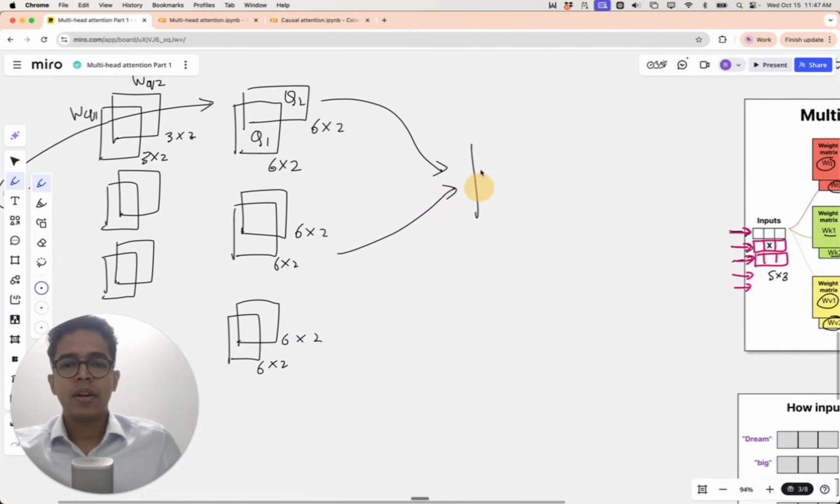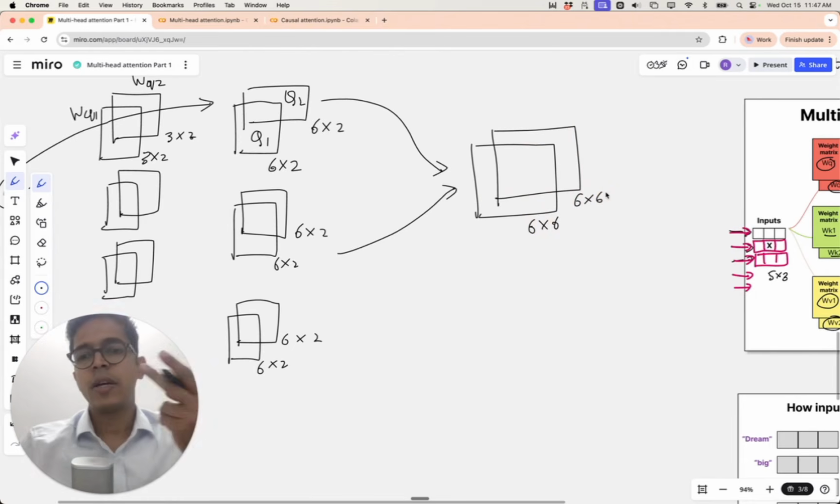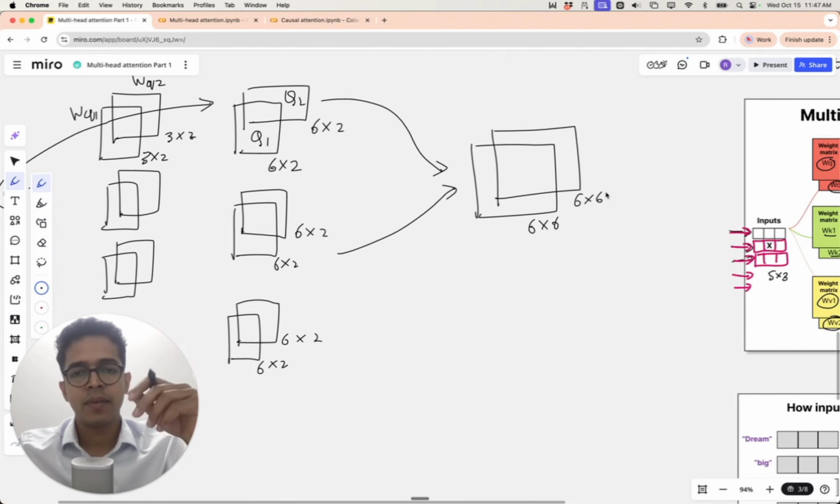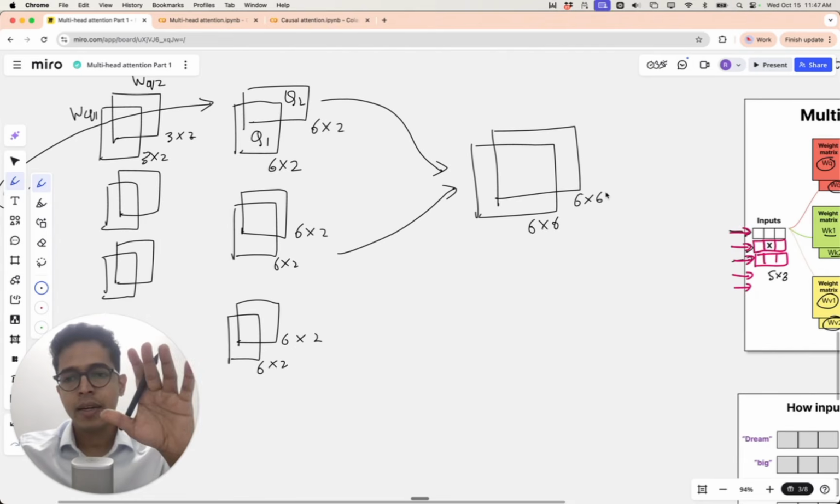After we take the dot product, we will have two 6 by 6 matrices. Why do we have two layers? Because here we are saying we have two attention heads in the multi-head attention. Remember, in GPT-2 small they had 12 attention heads, and in GPT-3 they had 96 attention heads.